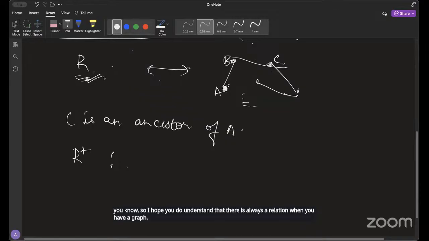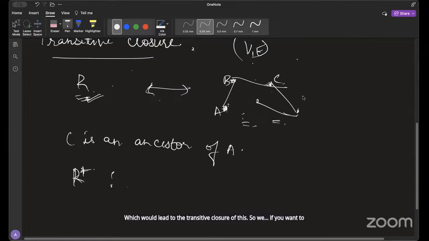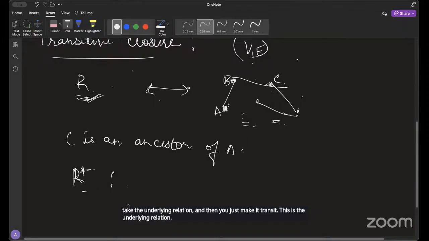These two are related. Then you figure out an R plus, which is the transitive closure. To find the transitive closure, you take the underlying relation and then you make it transitive.